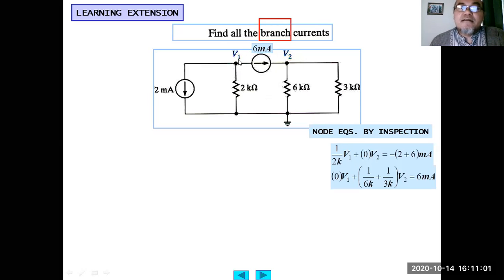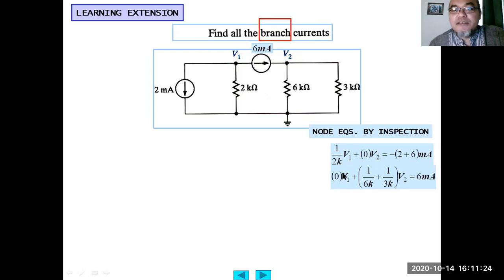So V1 divided by 2K equals plus 2 milliampere plus 6 milliampere, or if you put the currents on the right-hand side, negative 2 plus 6 milliampere. Then from node 2, also no resistor to V1.